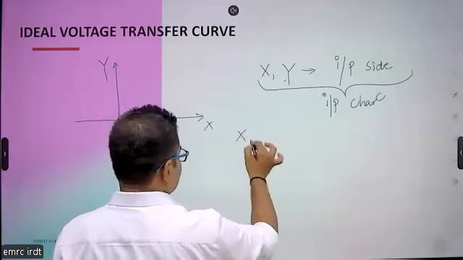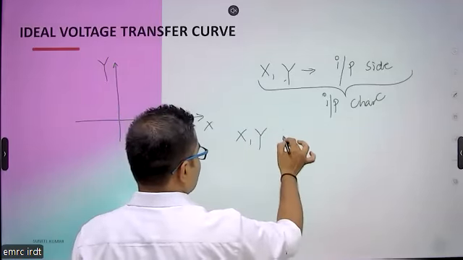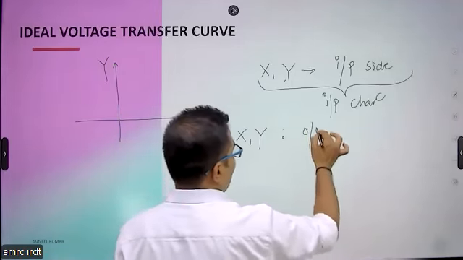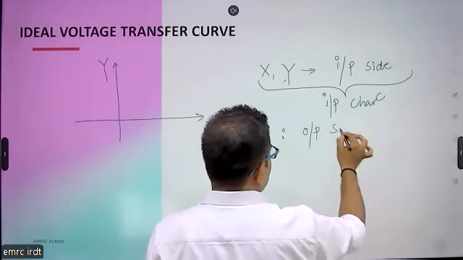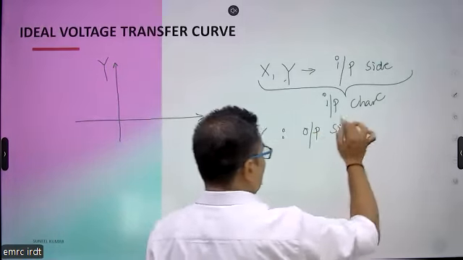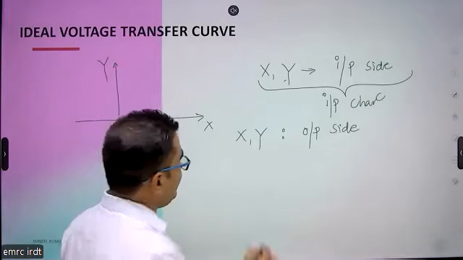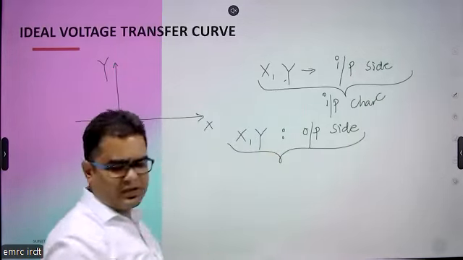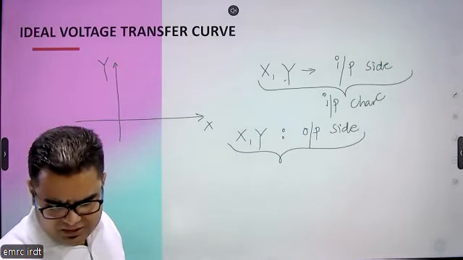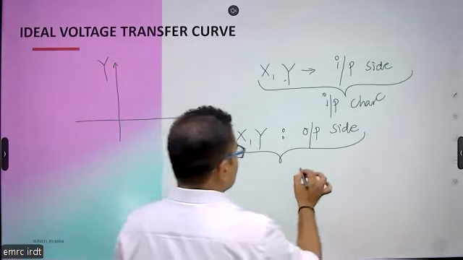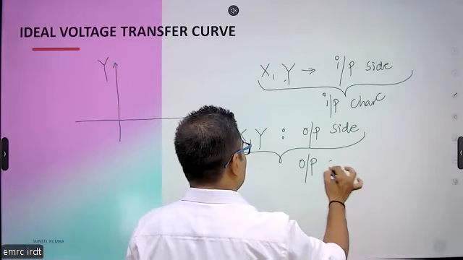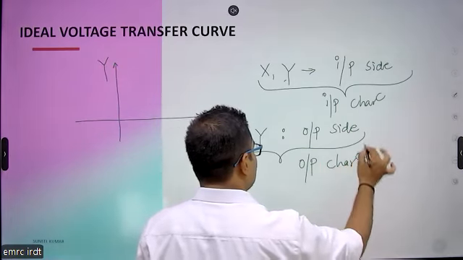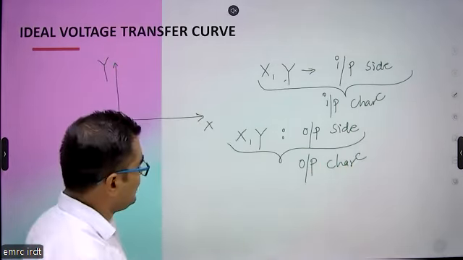And if X and Y, these two parameters, belong to the output side of the system, then any characteristics made by taking these two parameters on the scales are known as output characteristics.